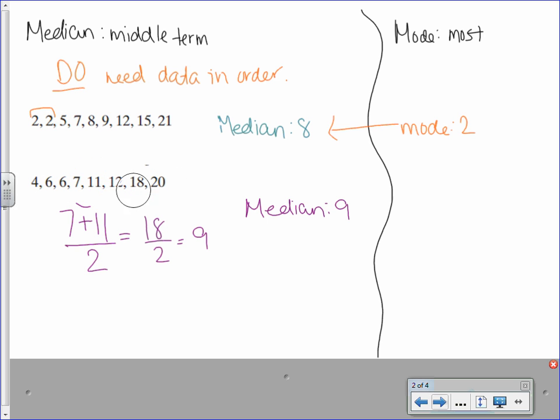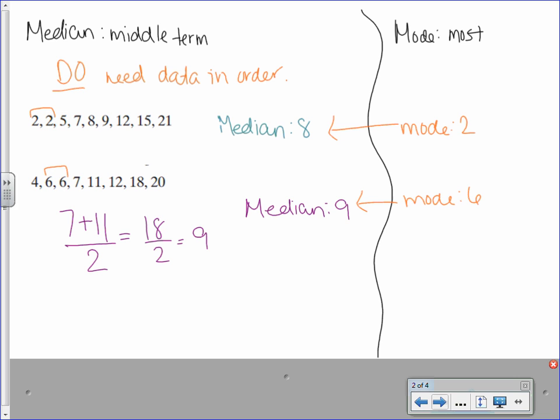Similarly, if you look at the second median example, I've got 2 6s, and every other piece of data is only happening once. So since 6 happens the most, the mode of this example is 6.